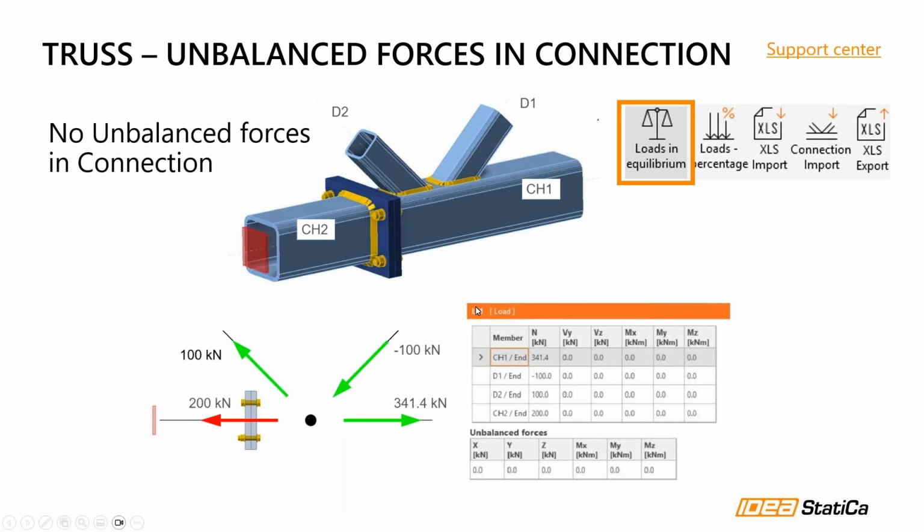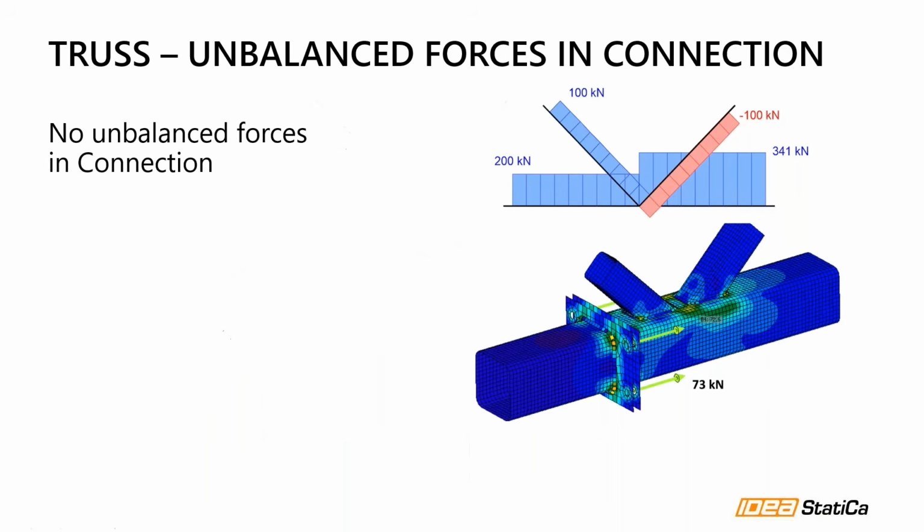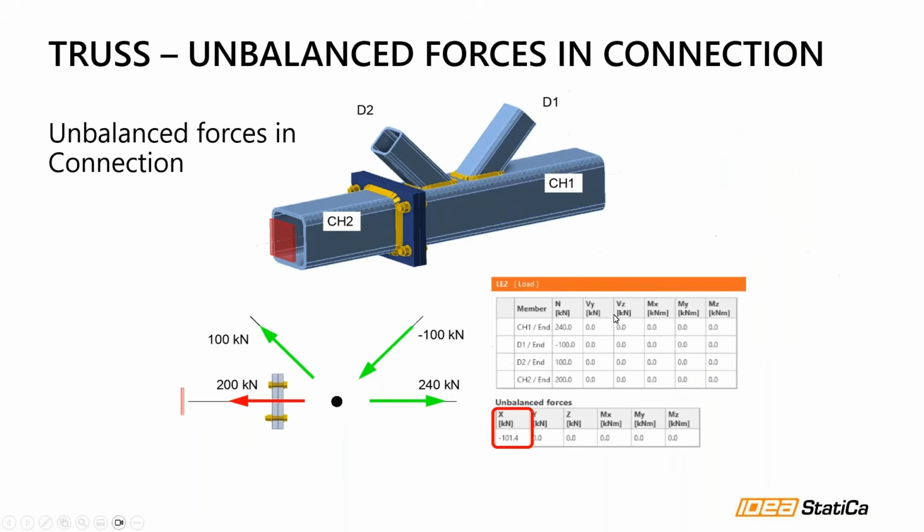Perfect. I did everything perfectly, and we can just run the simulation. As you can see, those are the forces in the bolts, 73 kilonewton. But what will happen if you disregard this rule? As you know, here will be 240 kilonewton because the support is here. So these are the unbalanced forces. The forces need to go missing somewhere, you know.